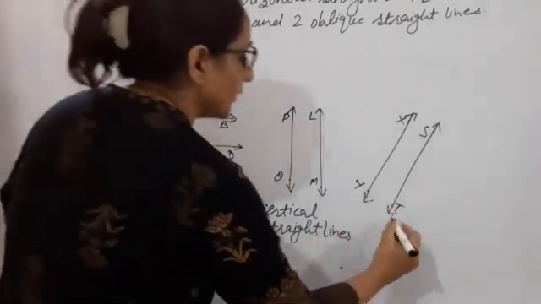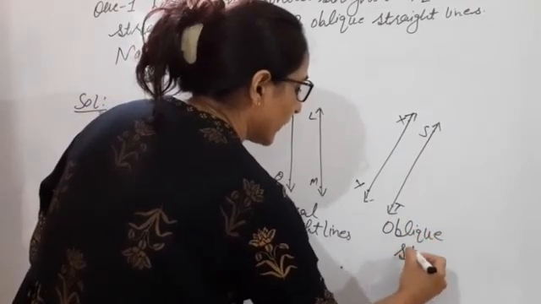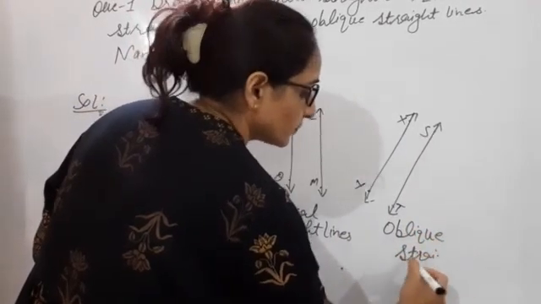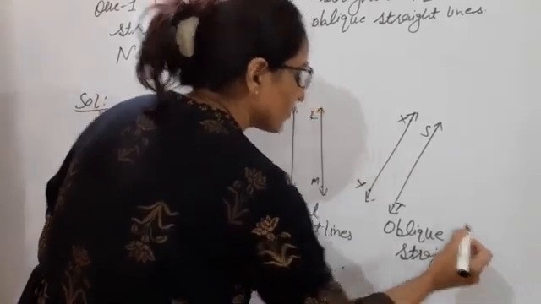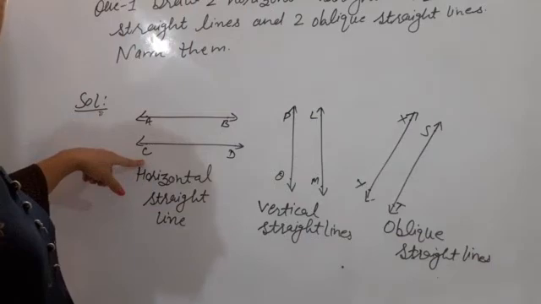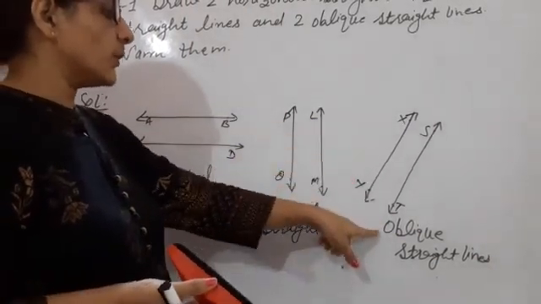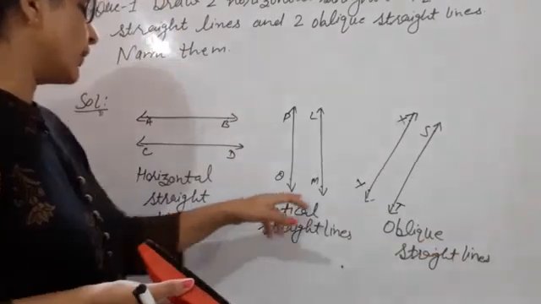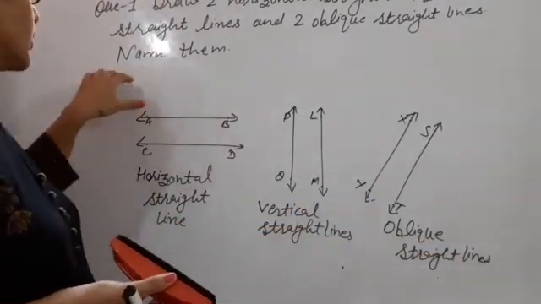So these are the oblique straight lines. Two horizontal, two vertical and two slanting oblique straight lines, vertical straight line and horizontal straight line. This is your question number 1.